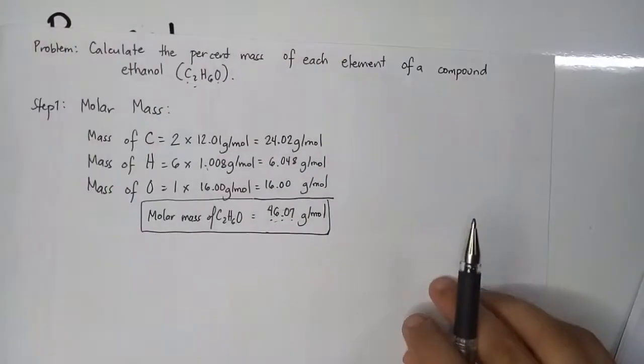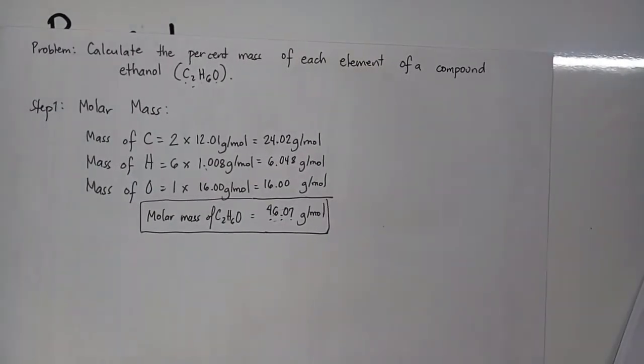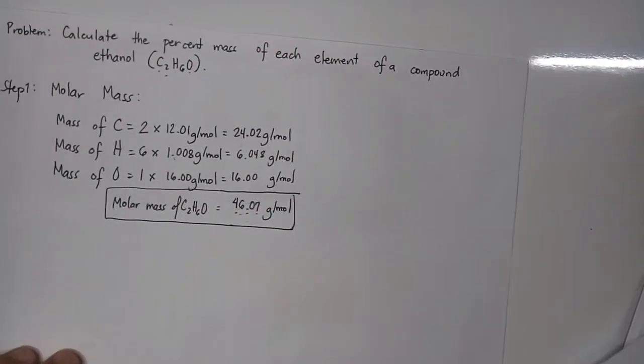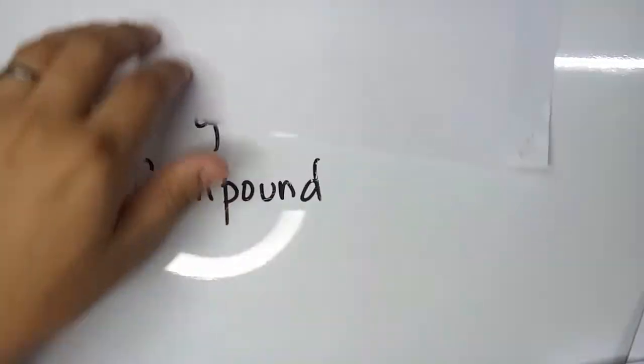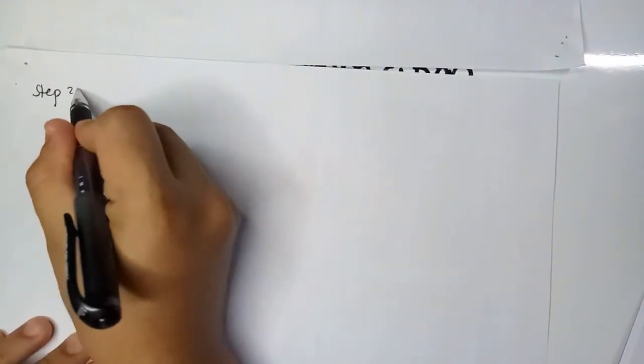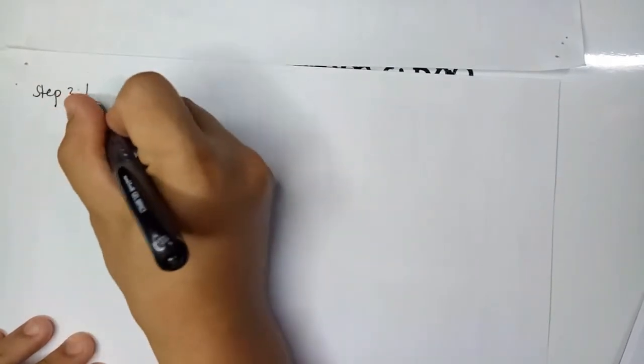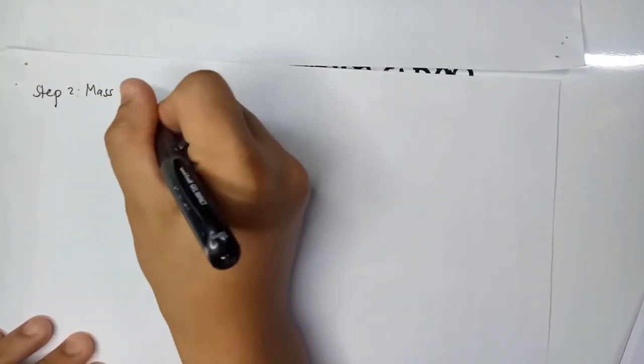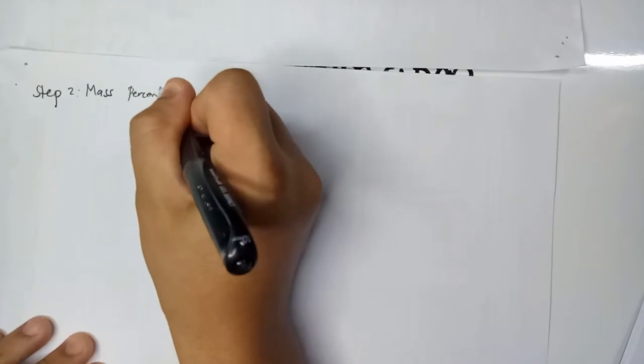So ito na ba yun? Hindi pa. Pupunta naman tayo kay step number 2. Ano yung step number 2? Calculate the mass percent of each element. Sometimes it is called the weight percent.